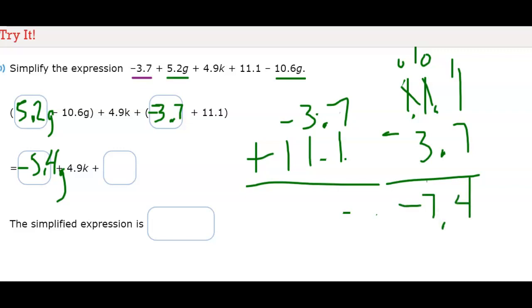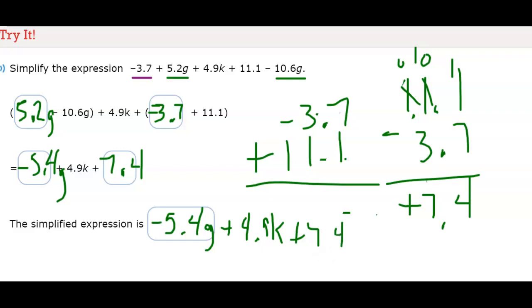So it's going to be positive 7 and 4 tenths. And so the simplified expression would be negative 5 and 4 tenths g plus 4 and 9 tenths k plus 7 and 4 tenths. And that's it.